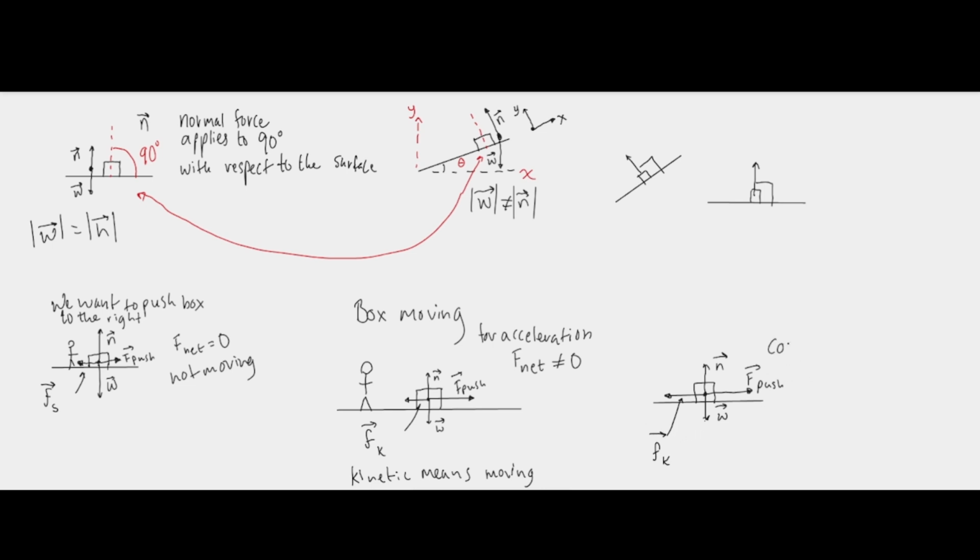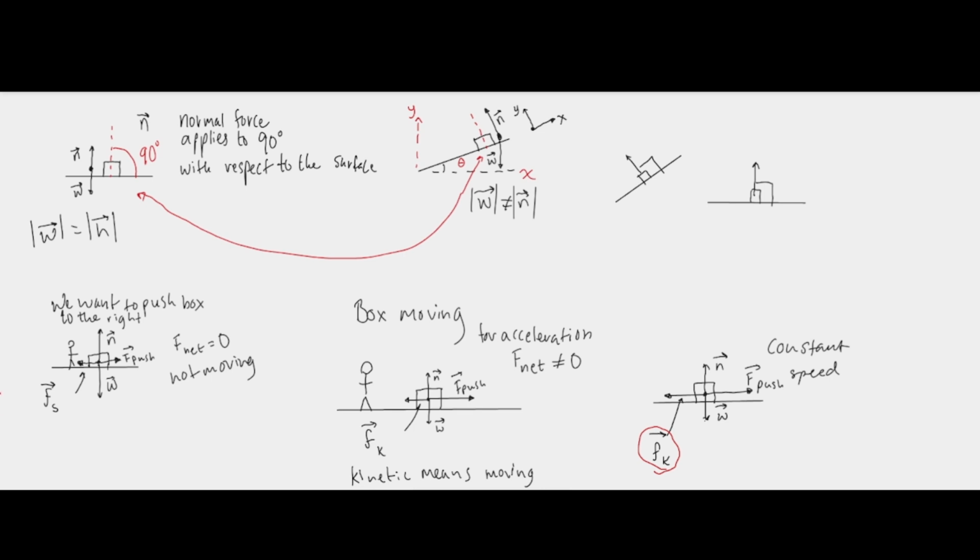So now we have constant speed, and we know from Newton's second law, if you have constant speed, well, then there's no acceleration and there's no net force. So since there's no net force, this makes sense because the force of kinetic friction is equal to the pushing force, but we're still moving at constant speed, so we still use kinetic friction because we have movement.